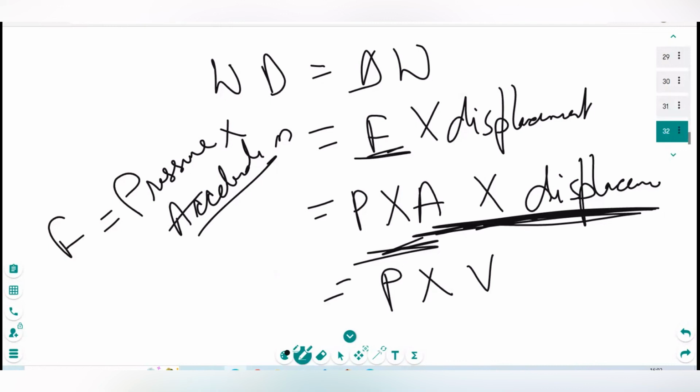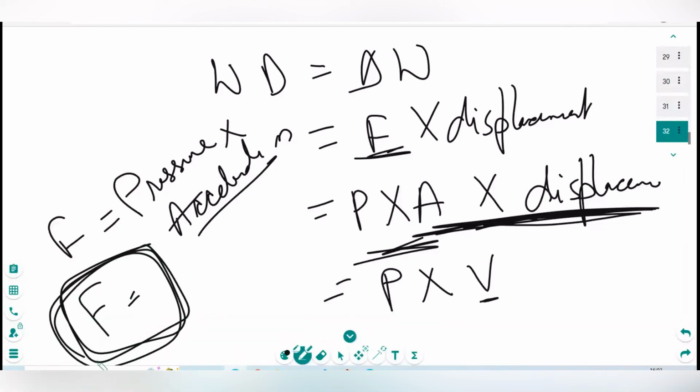Acceleration times displacement equals velocity. So you have to revise the force formulas once again, in terms of pressure and in terms of velocity. Just check once, you will get to know.